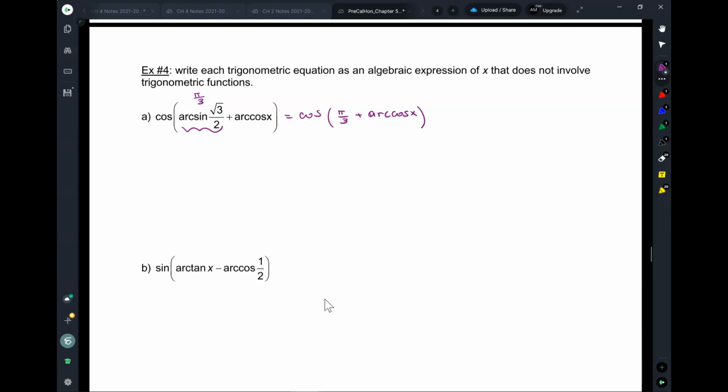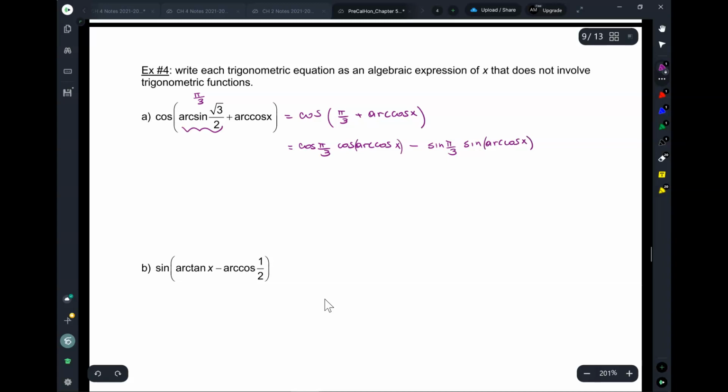Now I still have cosine of a plus b, but now it's a little bit simpler. So I'm going to do cosine, cosine, sine, sine. So this is equal to cosine of the second, minus sine pi over 3 sine arc cosine x.